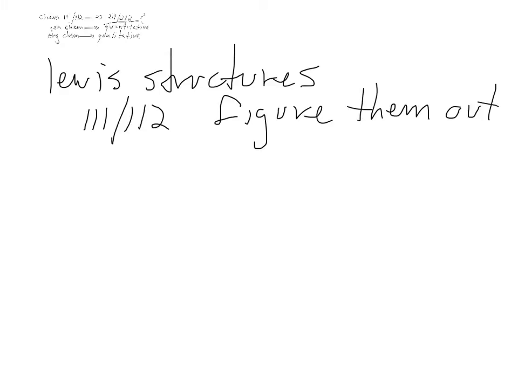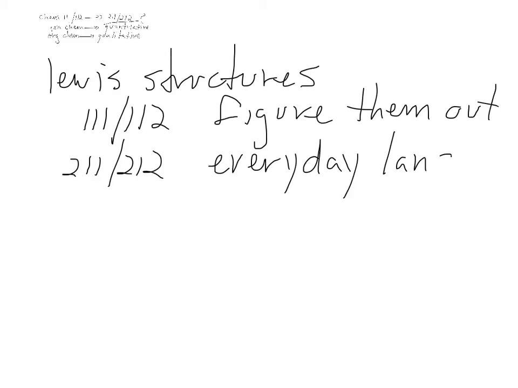And that was a problem, certainly in 111. Probably were asked to figure out several Lewis structures. In 211 and 212, that's our everyday language. We don't figure them out. They're second nature to us. If you have to figure them out, you're behind.